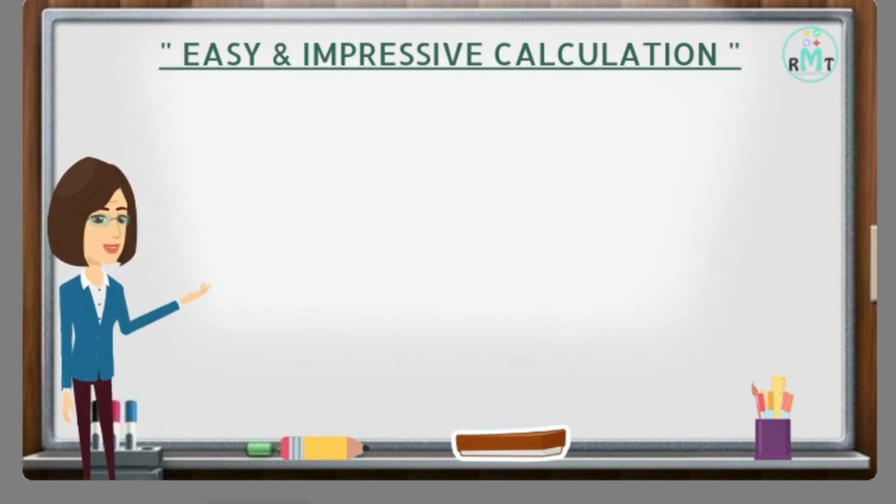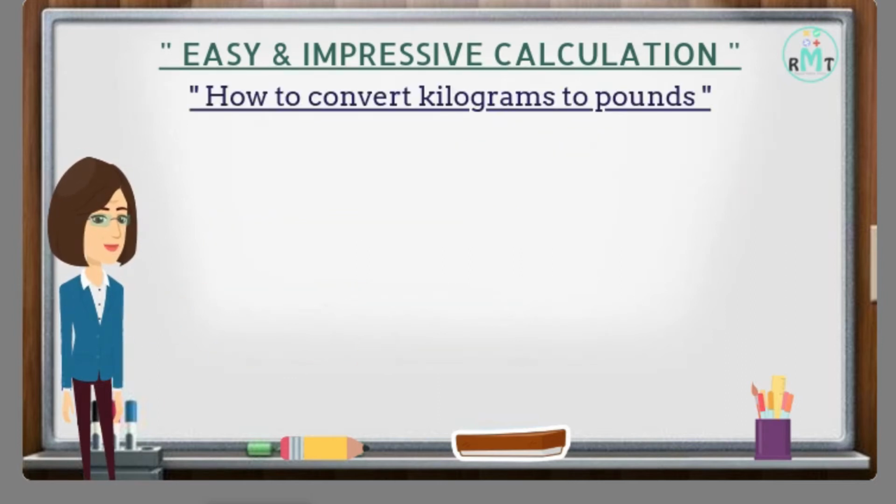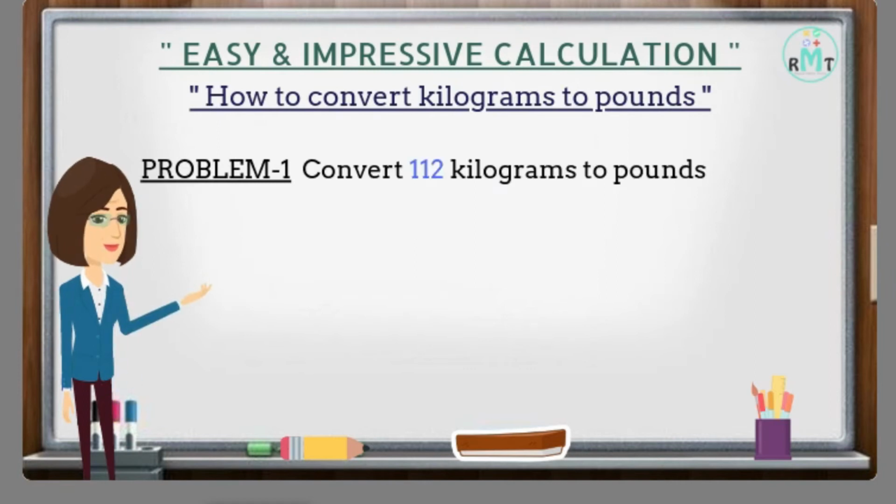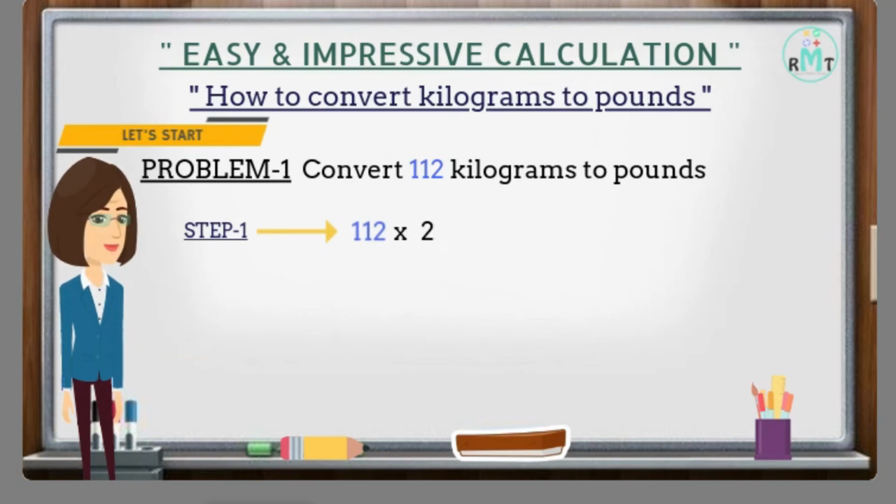Let us solve few problems on topic 2. Problem 1. Convert 112 kilograms to pounds. Let's start. Step 1. Multiply kg value by 2. So we get 224 as the answer. Step 2.